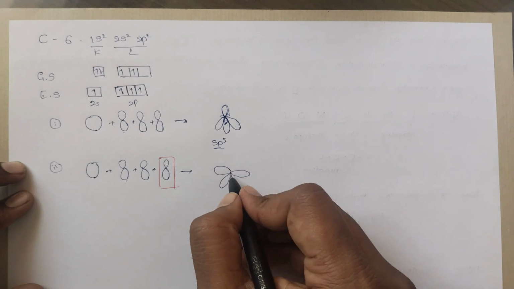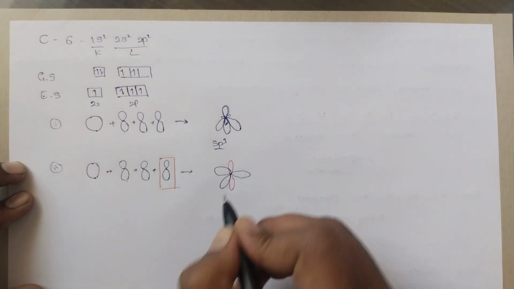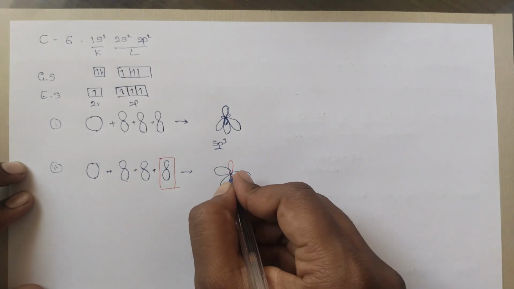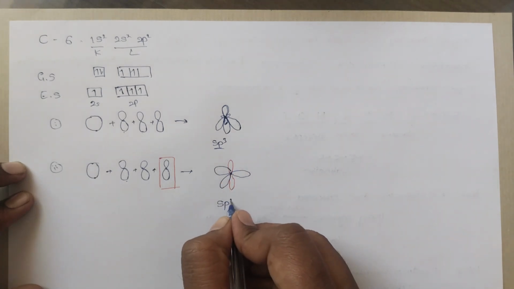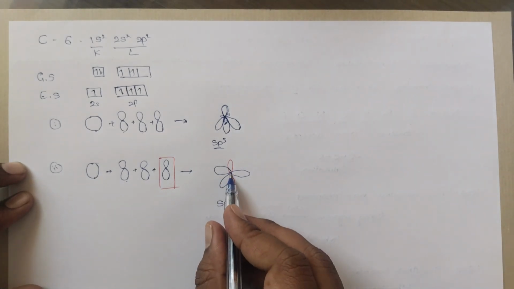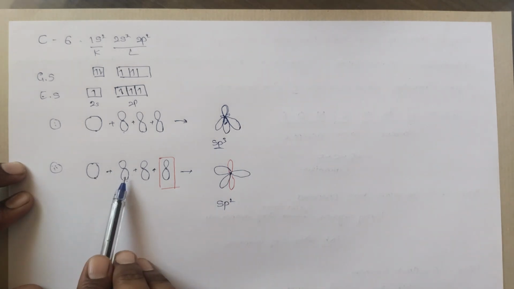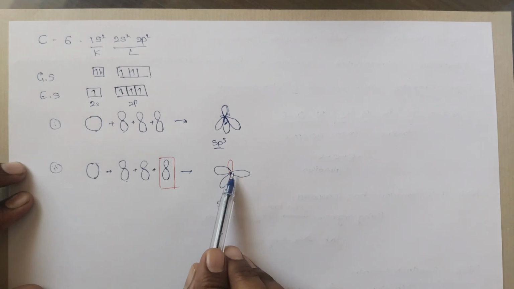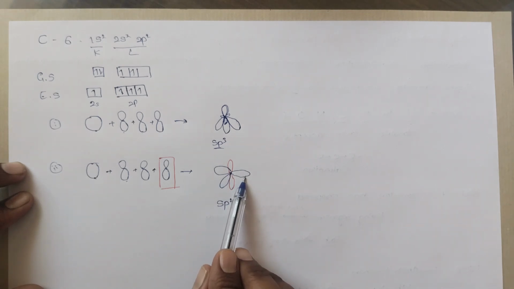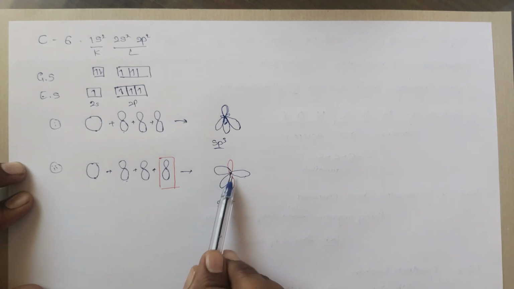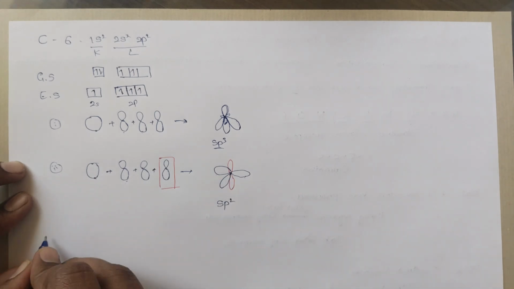Okay, this is unhybridized as it is. This carbon is called as sp2 carbon. Here 1s and 2p orbitals combined together to give the hybridized orbitals. This is one sp2 hybridized orbital, this is another, this is another. Totally there are 3 sp2 hybridized orbitals, and this carbon is called as sp2 hybridized carbon.